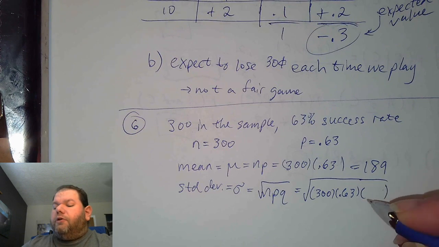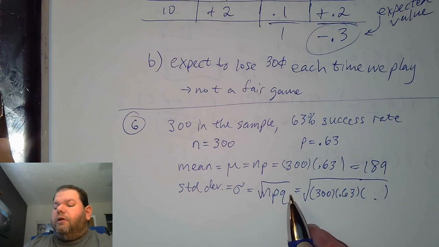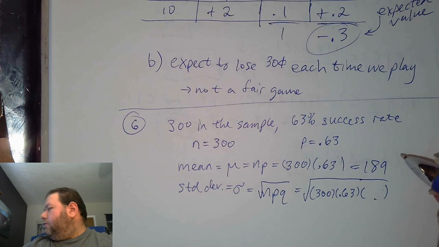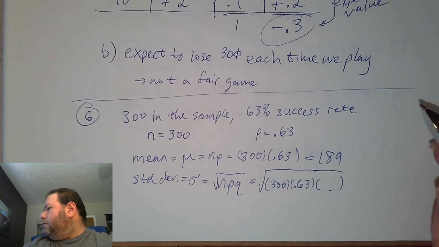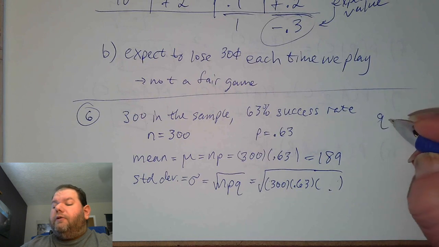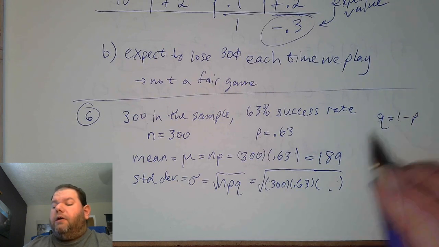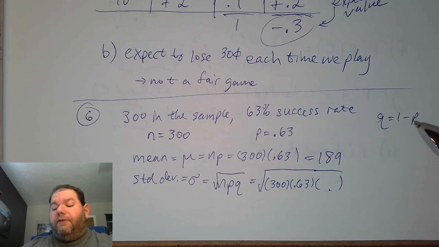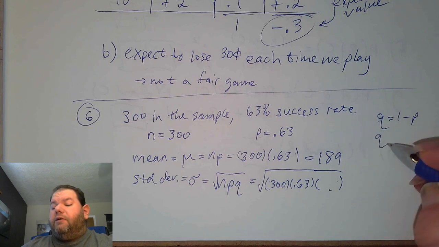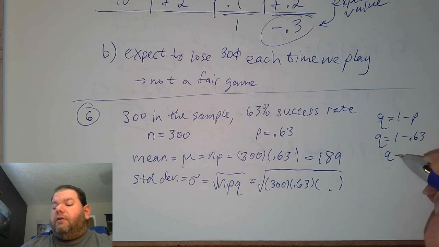And so the question is, what is q? Well, remember, q is our probability of failure. And q is equal to 1 minus p. So if we have a probability of success of 0.63, q equals 1 minus 0.63, which means it's 0.37.